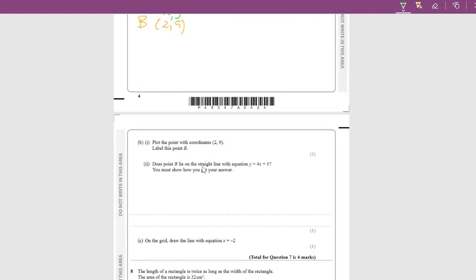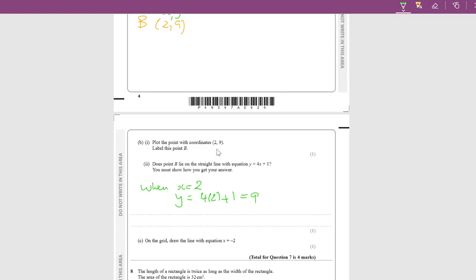And then it asks, does point B lie on the straight line with the equation y equals 4x plus 1? And you must show how you got your answer. So essentially, when x equals 2 from our coordinate B, we put it into our equation, y equals 4 times 2, plus 1, and we get 9.